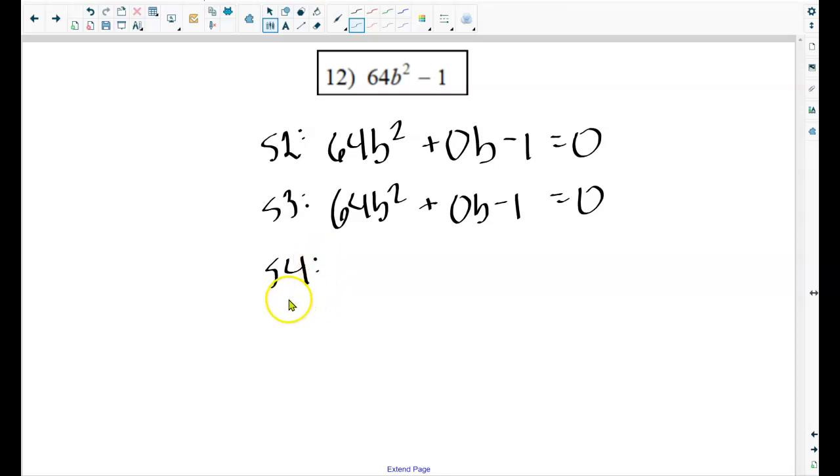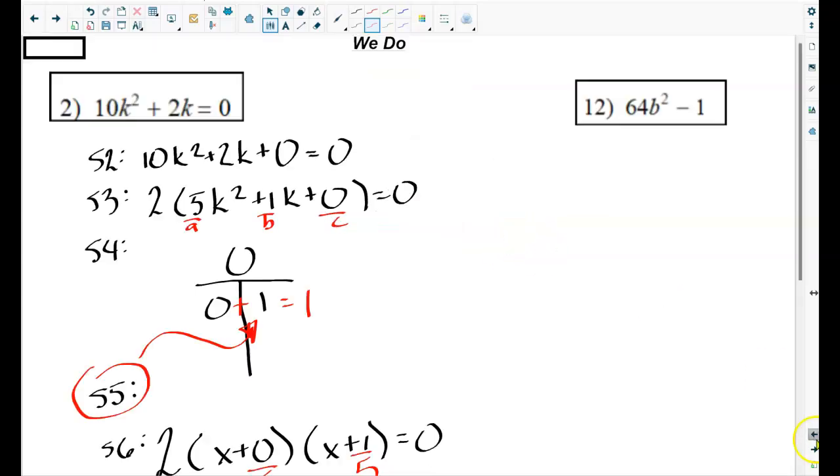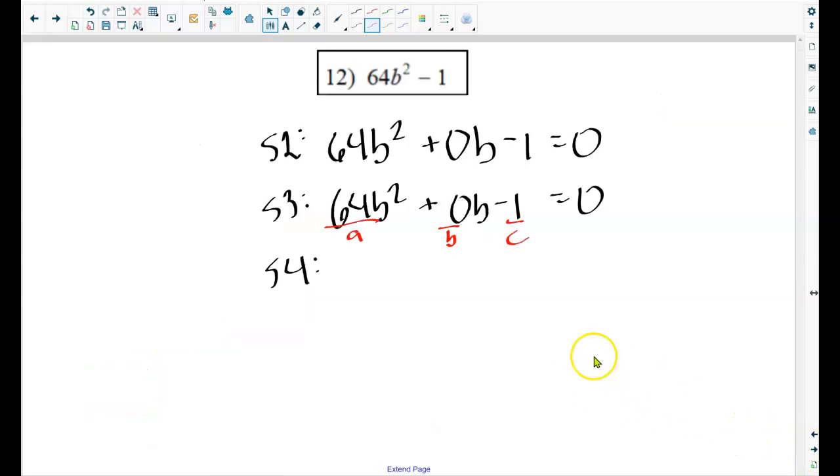Step 4 is where we need A, B, and C. Just double check so nobody gets confused. The factor pairs: it's this times this, so it's negative 64.